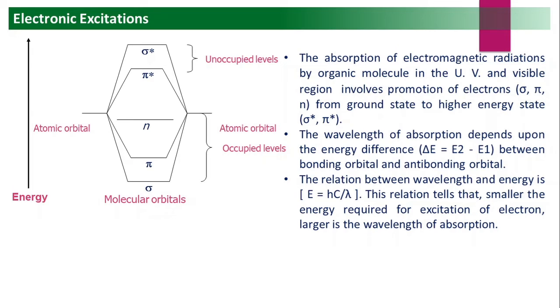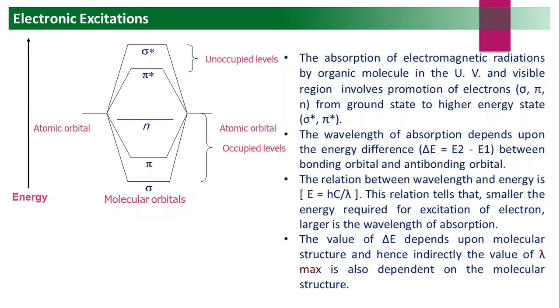So if pi to pi star energy is less than sigma to sigma star, then the wavelength will be higher, because energy and wavelength are inversely proportional to each other. So as the energy gap increases, wavelength decreases. As the energy gap decreases, wavelength increases.